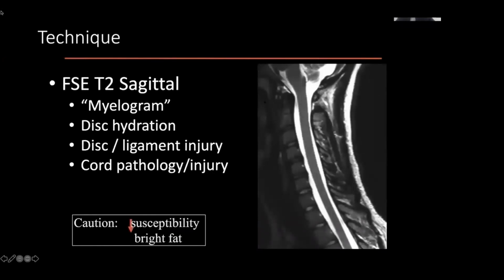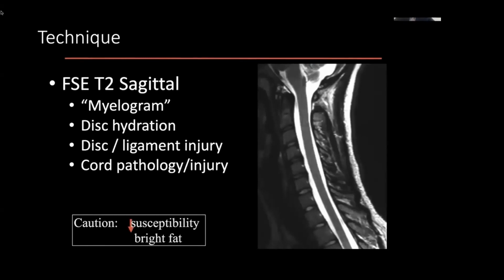Now, T2 is really all about, if T1's mostly about looking at fat and blood, T2 is mostly about looking at water. Water, obviously, CSF being water, also water being edema. We often say tissue is stupid in the sense that there are only certain things that tissue can do and can show you on a particular image.